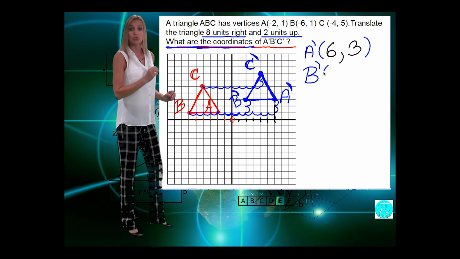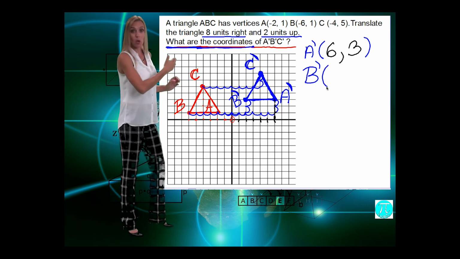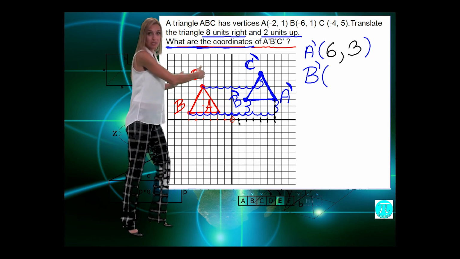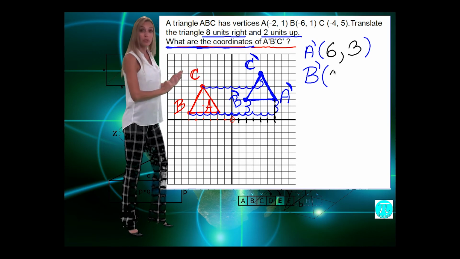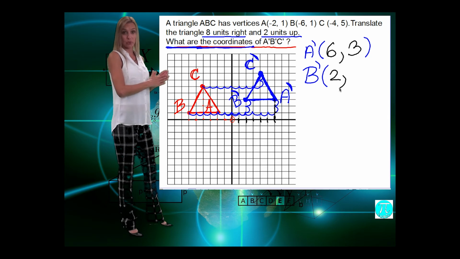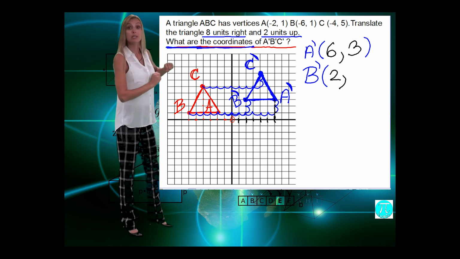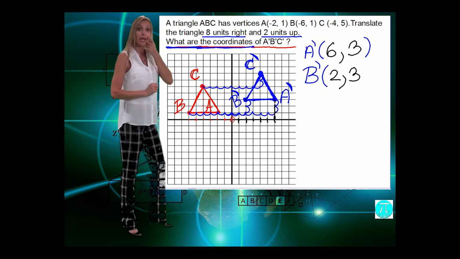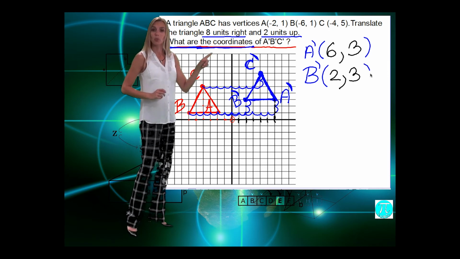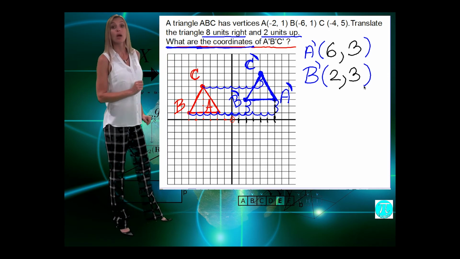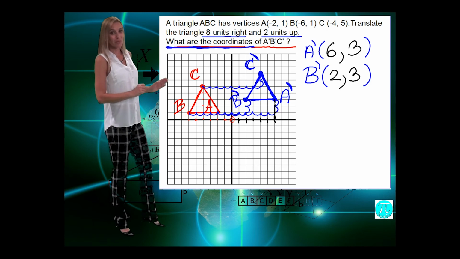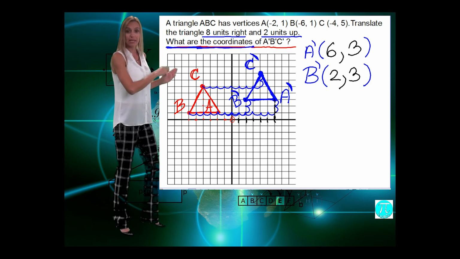Now let's look at point B prime. So again, we're going to start from the origin and see how many units we moved along the x-axis. And it was 2 units to the right, so it's positive 2. And up, it's 3, along the y-axis. And one more point, we have our C prime. And C prime, let's count the units along the x-axis.